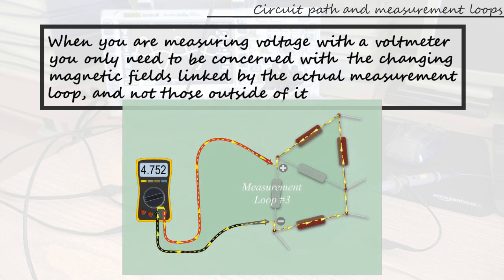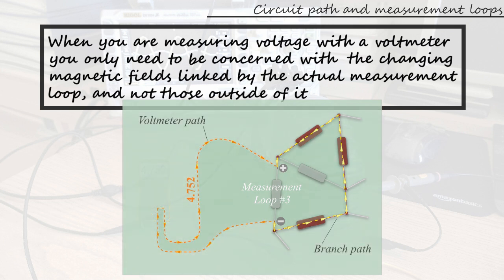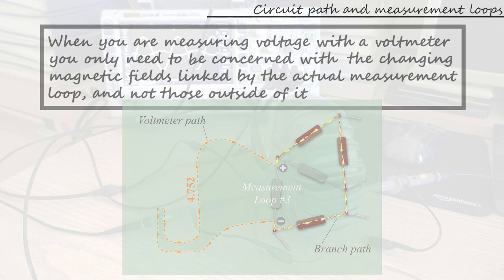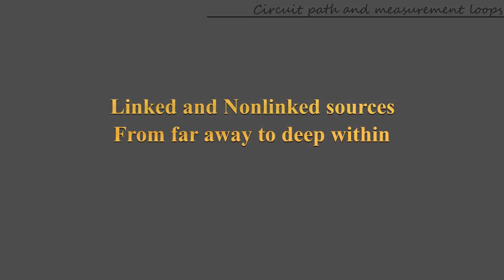To avoid cramming too much stuff in the following figures, I will rarely show the voltmeter and I will represent the measurement loops with the oriented dashed yellow path alone, indicating whenever possible the numerical value of the line integral along that path. I will leave it to your imagination to place a voltmeter and its leads along one of these lines.